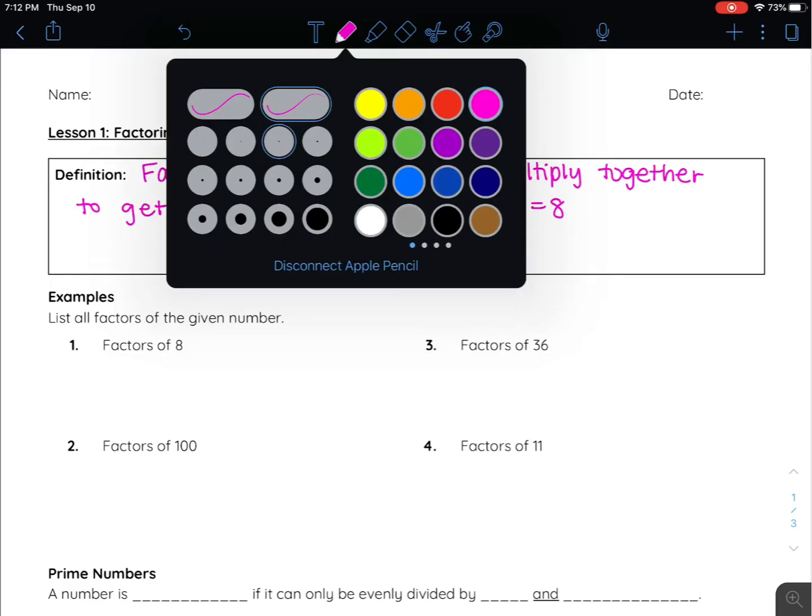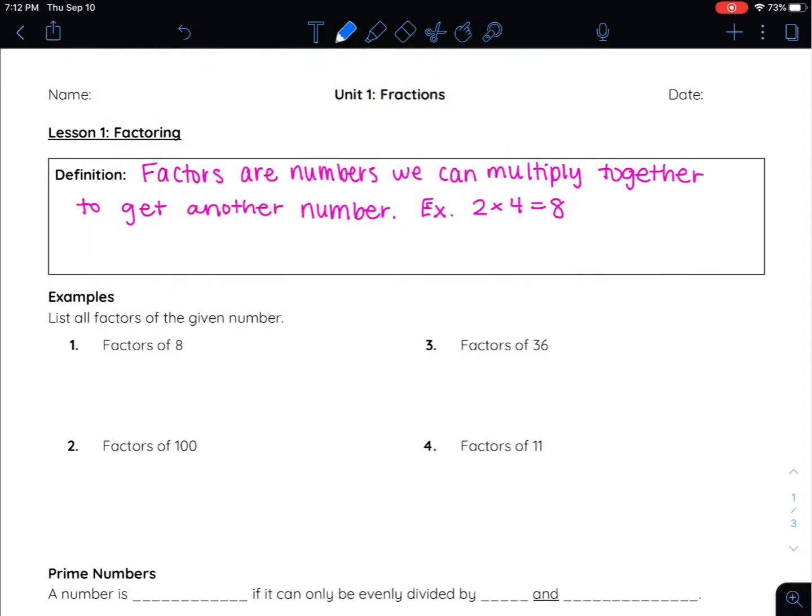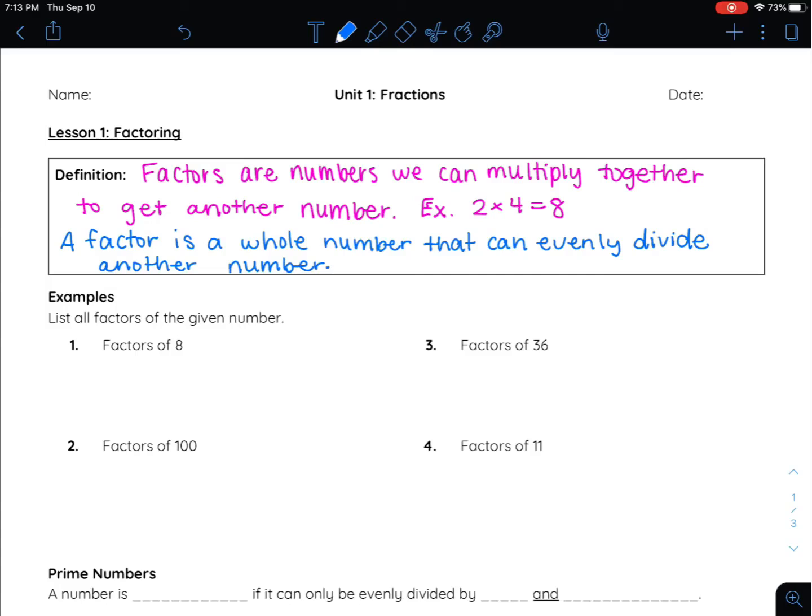And I'm actually going to write this definition in one other way, okay? So we can just get another idea. So a factor is a whole number that can evenly divide another number. So it's actually kind of the same thing. But if you think about it, think of an example here.